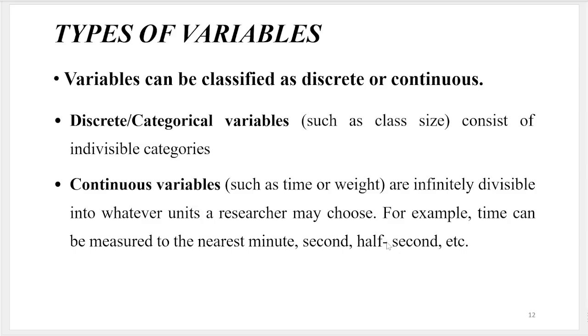And we have an example in this slide. Time is a continuous variable because it can be measured in minutes, seconds, even fractions of seconds. There is no limit to how precise we can measure it.